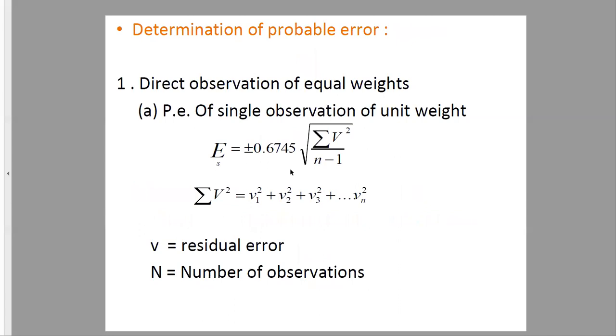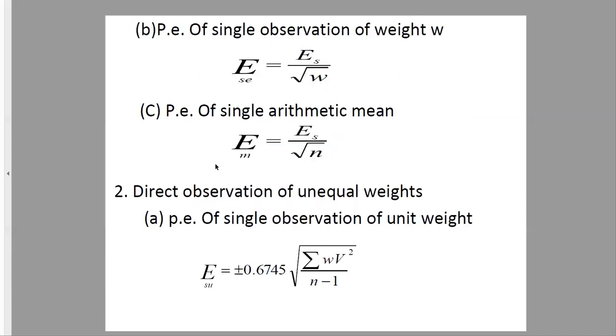That is probable error of single observation. Here S resembles single observation. So we'll calculate ES, then we'll divide that ES with the weight of that particular observation. Suppose in our example we have considered that 100 feet repeats itself 3 times, so we'll divide this with root 3.